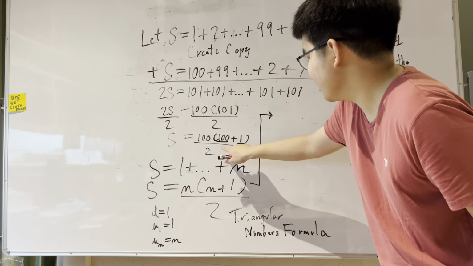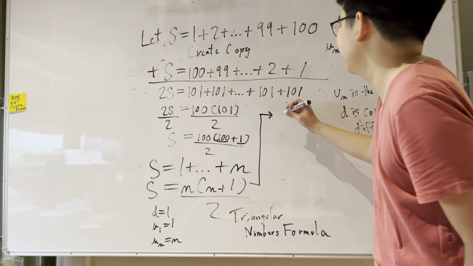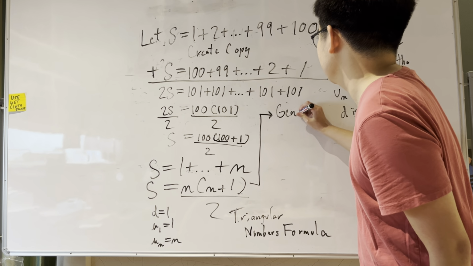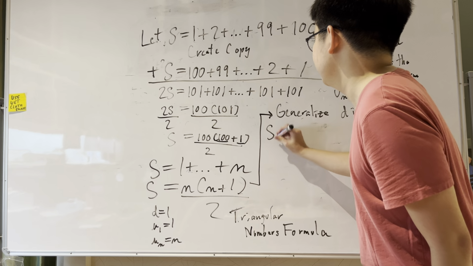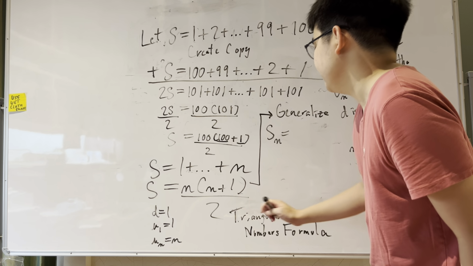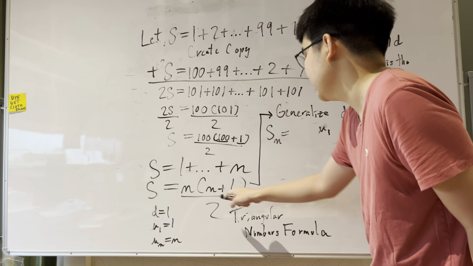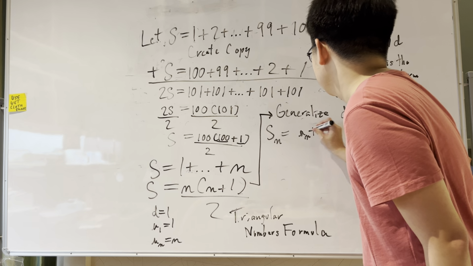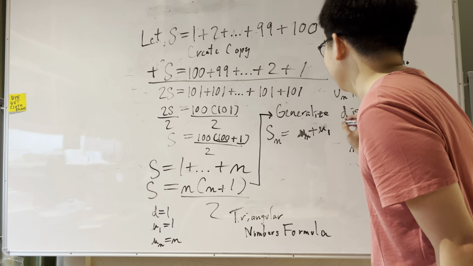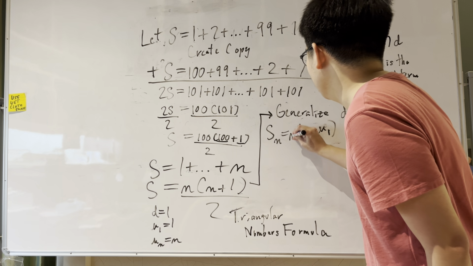Instead of 1 and 100, or 1 and n, the first term here will be replaced with u1, the last term with un. Sorry, that looks very messy. And then you still have this n over 2.